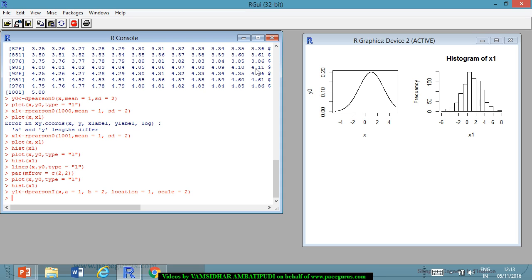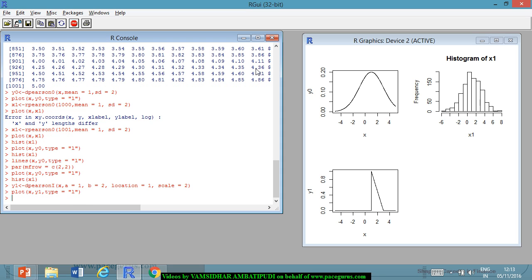So if I want, I can very well plot x comma y1, type equal to l, the line chart. So this is how it is coming out, right? You could see the distribution is coming out in this way. Now the way I keep changing the x's, this is not a normal distribution, right?